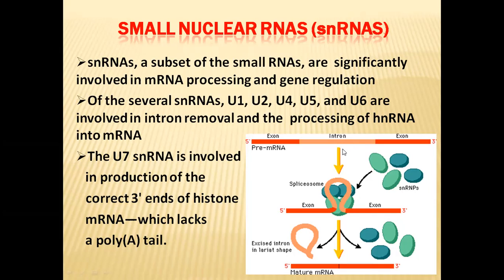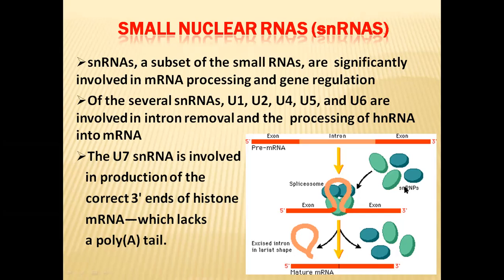These introns will be sliced out, and the exons will be joined to each other finally to make mature mRNA. In this process, the spliceosome enzyme is useful. This spliceosome is formed with the help of snRNAs.